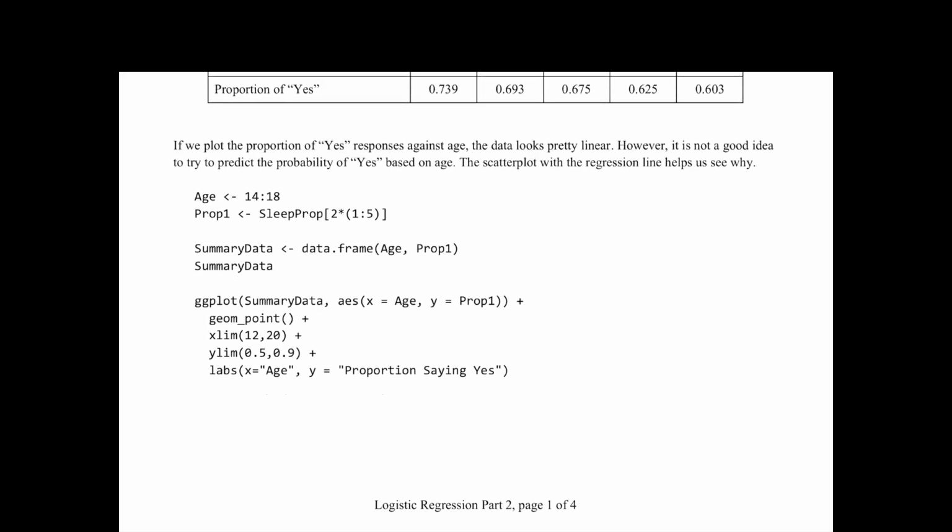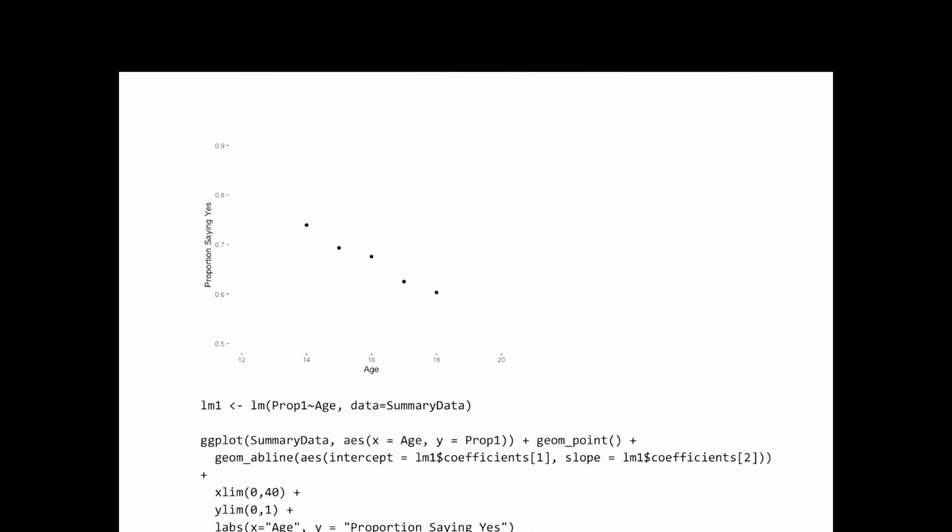So now I created a scatter plot of prop 1 for the vertical axis and age for the horizontal axis, and I did put some x and y limits on there, but let's see what this looks like. So the thing is that we could fit again a simple linear regression model for this, but it's not advisable.